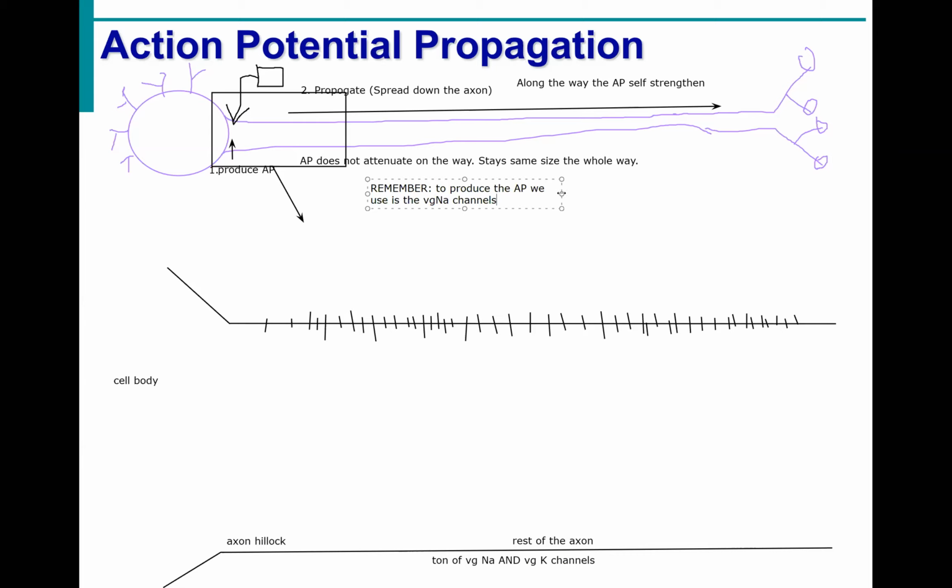So when we talk about propagation, really all we focus on, and we'll consider these that I've drawn, is just the voltage-gated sodium channels. We know they have to have the potassium channels. That's how we get the whole action potential, the repolarization, the hyperpolarization, all the things that go along with that. But when it comes to propagation, the production of the big wave is the voltage-gated sodium channels, and that's really what we are going to focus on.